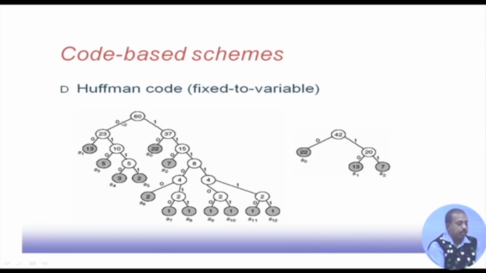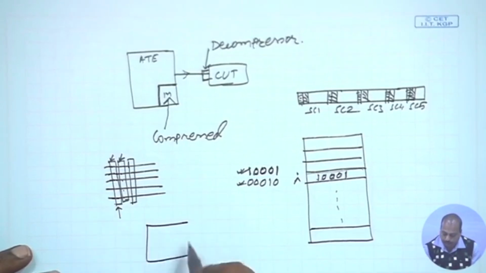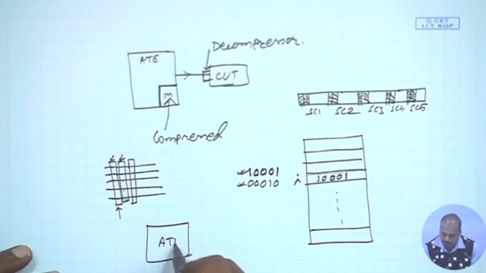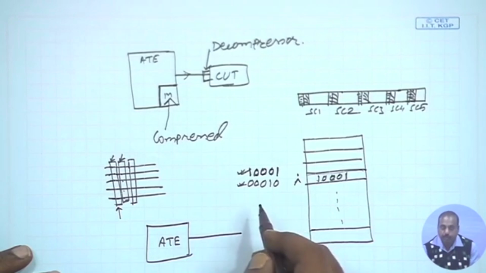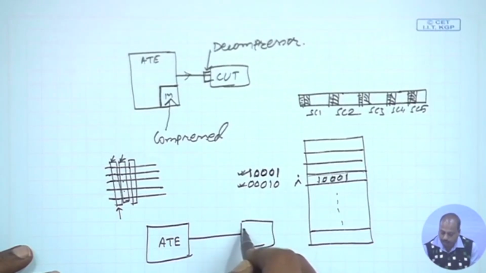Say it gets a 0. So, if we look into this structure, say this is the circuit, this is the ATE from where I am getting the bits. This is coming to the decompressor or decoder.